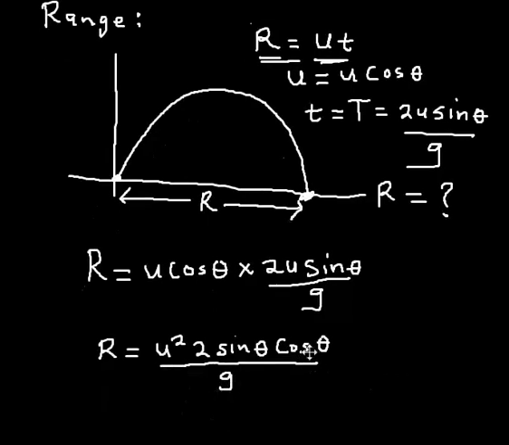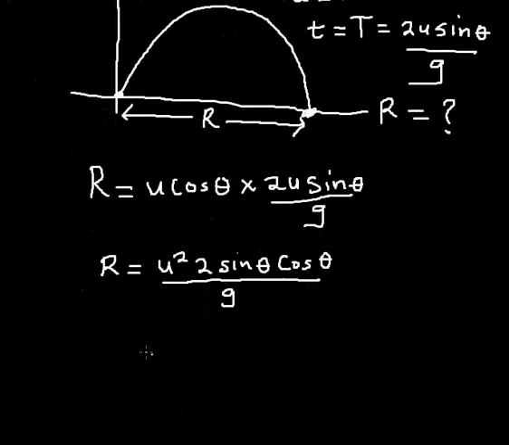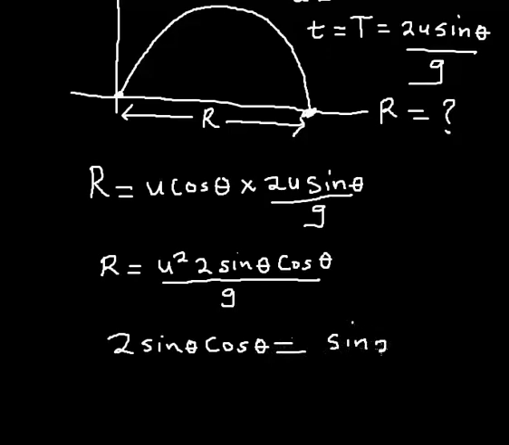Now in trigonometry, this expression 2 sine theta cos theta is a compound angle, in fact a double angle, so it is equal to sine 2 theta. Please take note of that: 2 sine theta cos theta is equal to sine 2 theta, the double angle of sine.